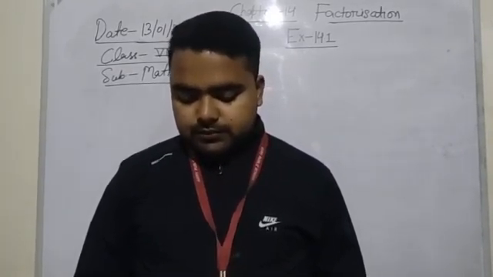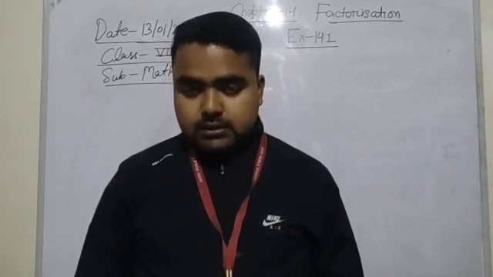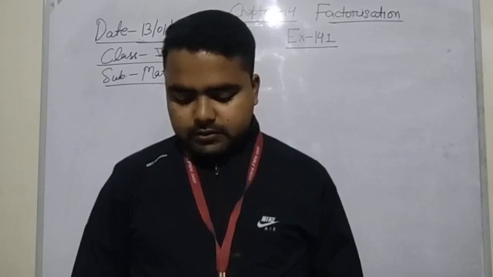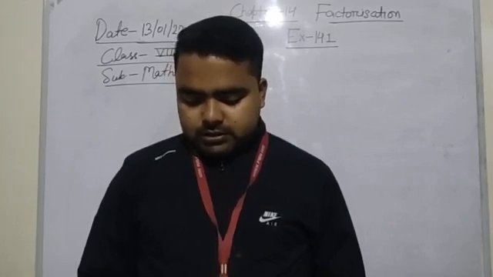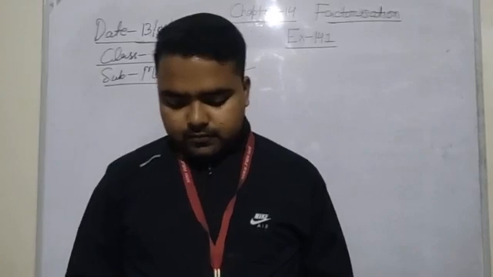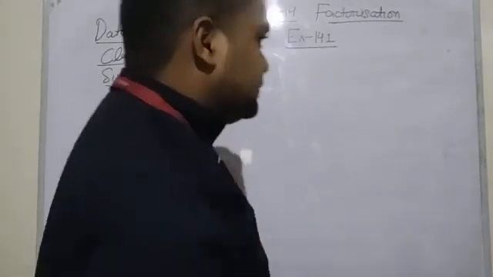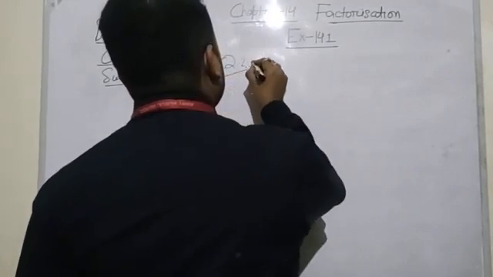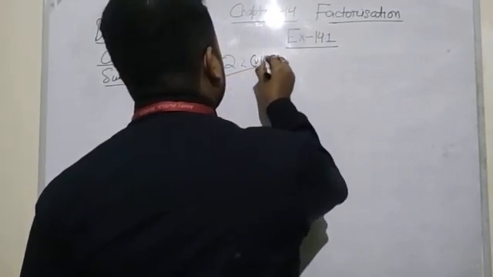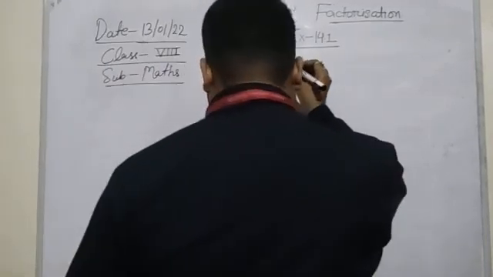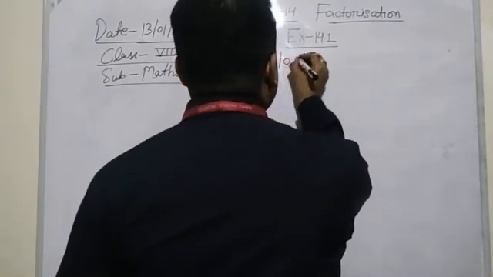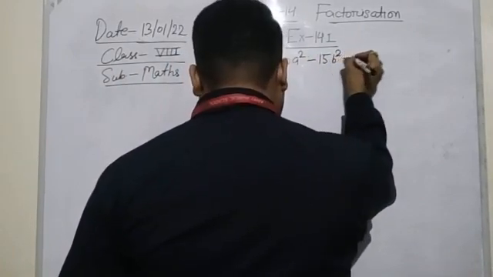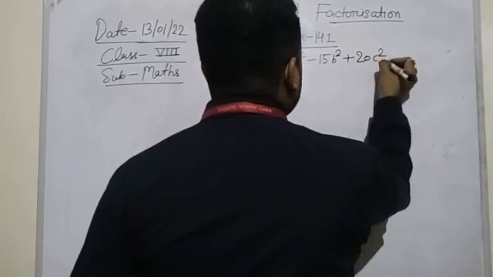Now question number 2, we have to factorize the expression. So now I am going to solve 10th part and 7th part. 10a square minus 15b square plus 20c square.